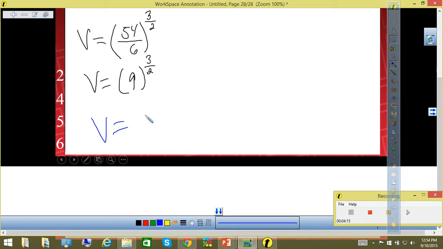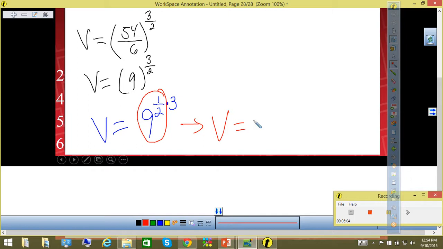Okay, before that, we need to rewrite it before the radical. It becomes what? 9 to the what? It's 1/2. Right? Everybody got that, right? And that tells us that we know what to do with this at that point. So therefore this is V equals, this becomes what?